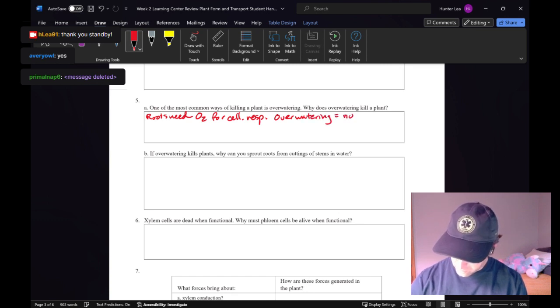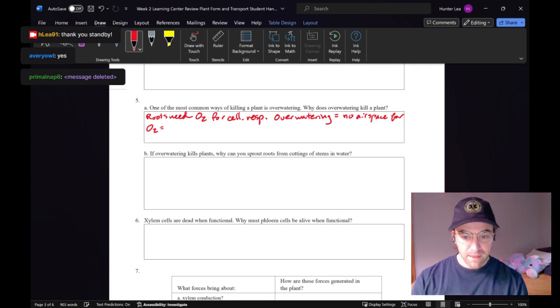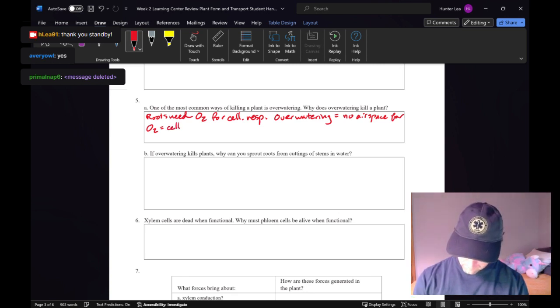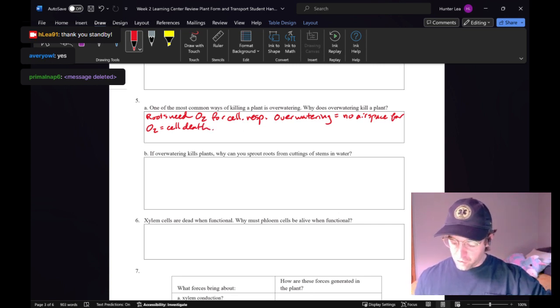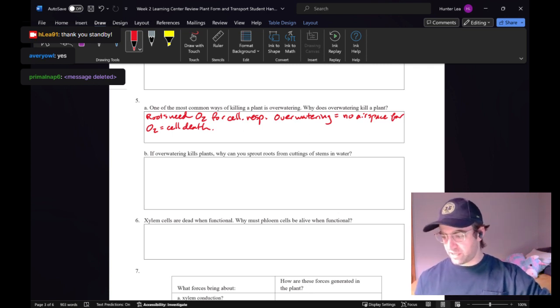Overwatering results in no airspace. Overwatering equals no airspace for the oxygen to occupy, which results in cell death.